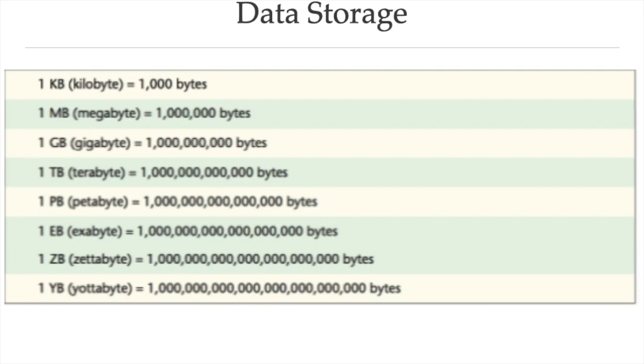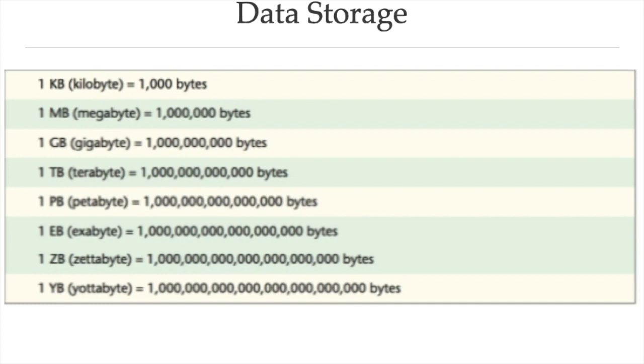And then 1 gigabyte is 1 billion bytes. And then we also have 1 terabyte right now. Most of the hard disks right now have 1 terabyte. And then 1 petabyte.